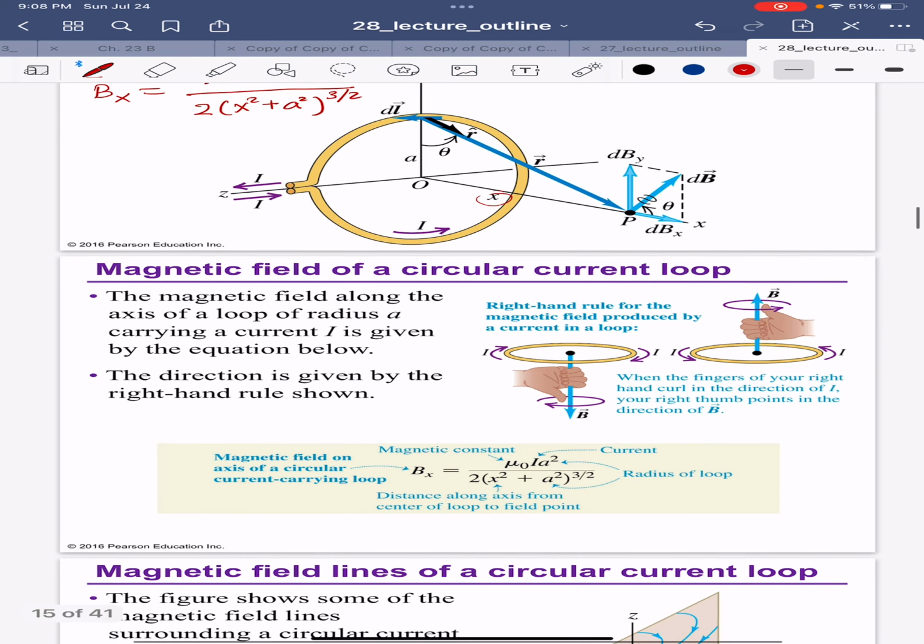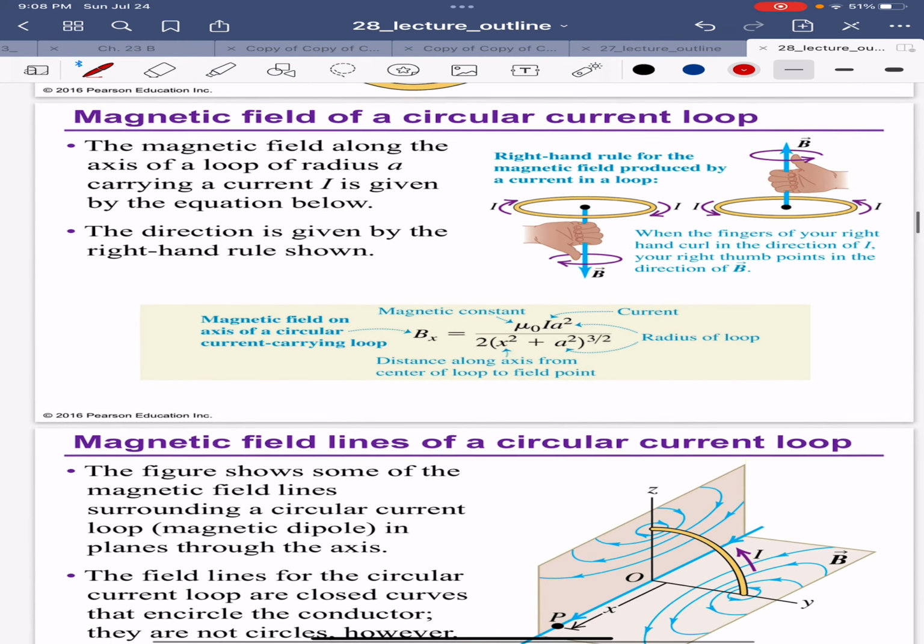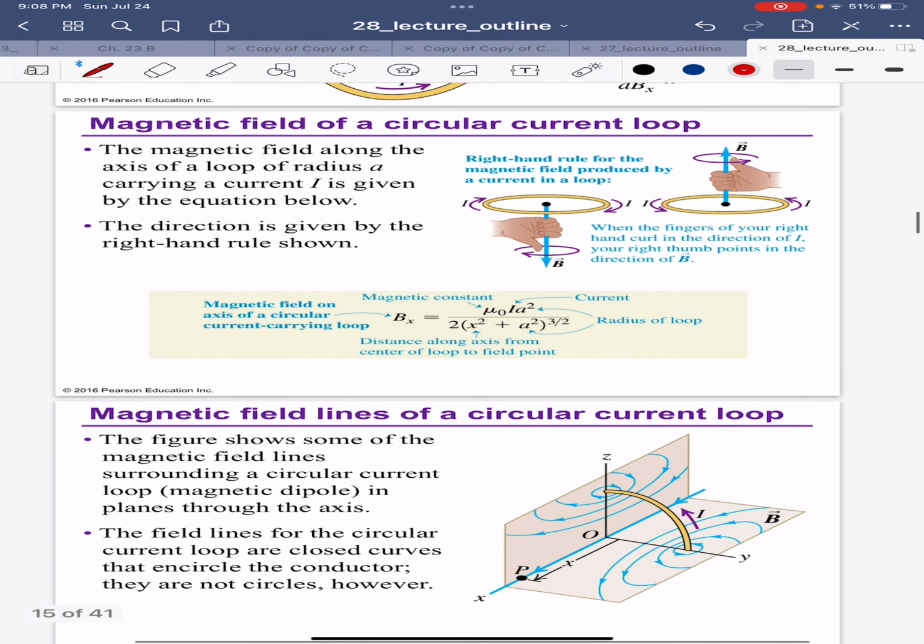And this is the equation that I did write for you. Bx equals mu 0 I a squared divided by 2 times (x squared plus a squared) to the 3 over 2.